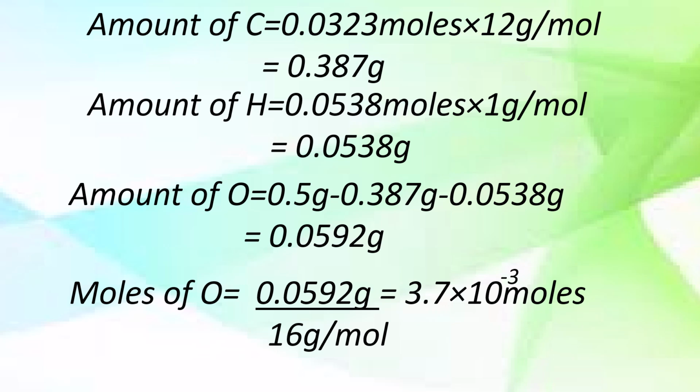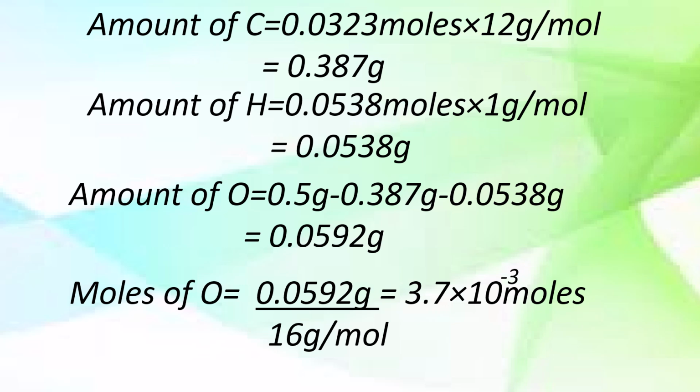So for calculating the amount of oxygen, we will subtract the amount of hydrogen and carbon from 0.5 grams. That is, amount of oxygen is equal to 0.5 gram minus 0.387 gram minus 0.0538 grams. After solving, the amount of oxygen is 0.0592 grams.